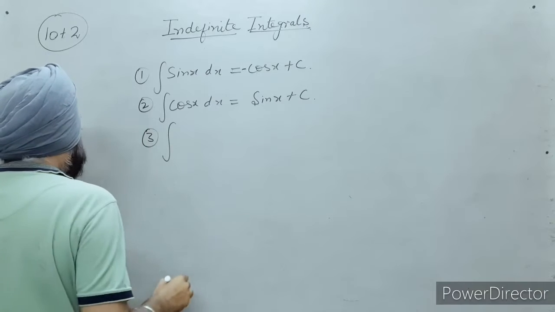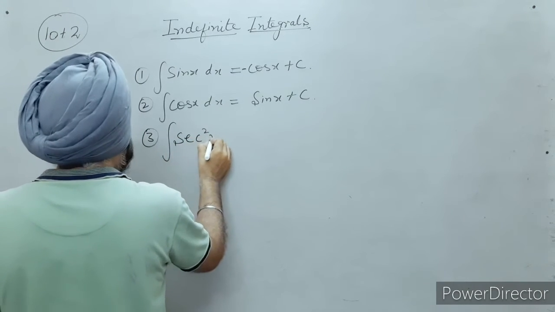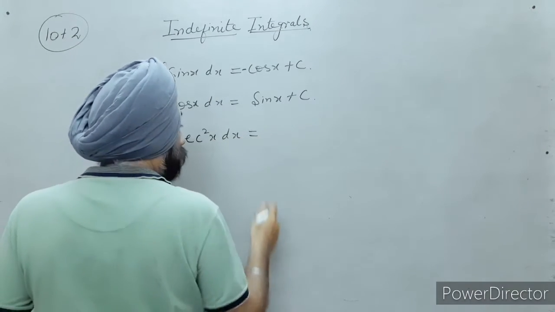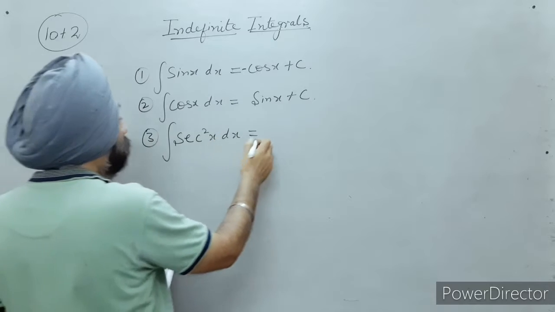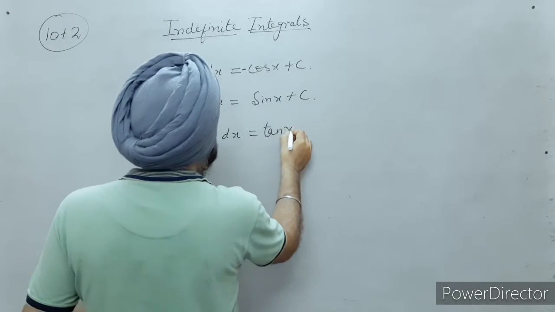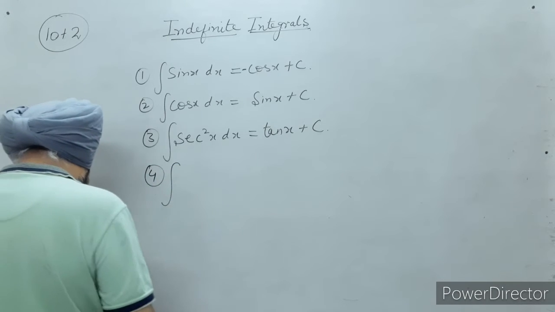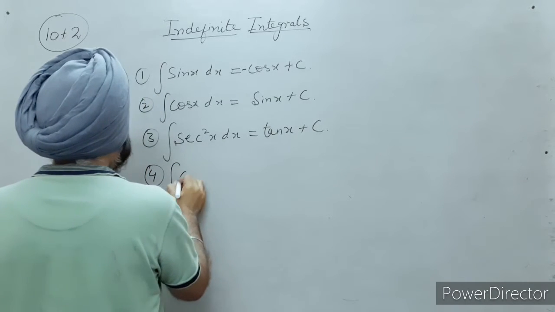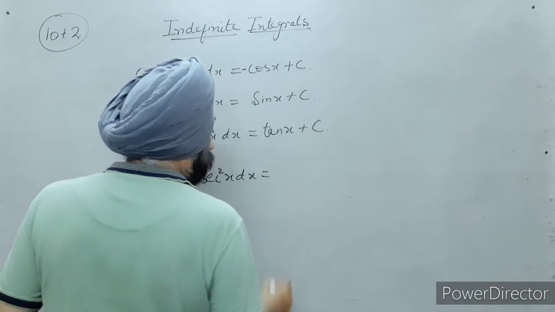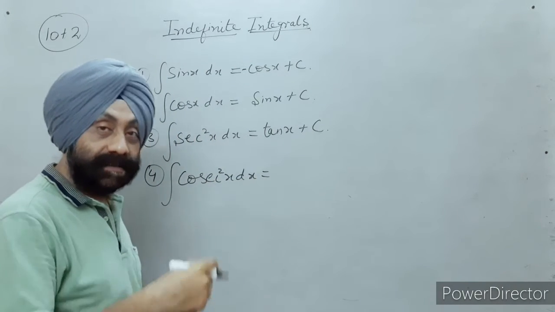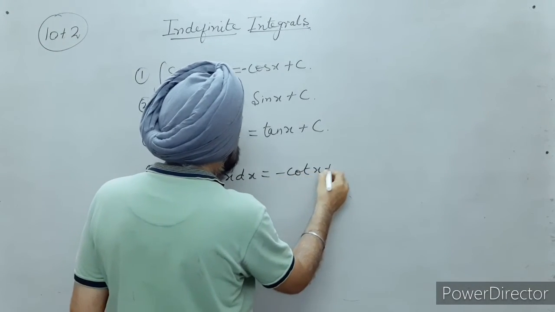Third, now it is secant square x dx. I know tan x derivative is secant square x. So integral of secant square x is tan x plus c. Fourth one is integral of cosecant square x dx. Cot x derivative is minus cosecant square x, so I can write it as minus cot x plus c.